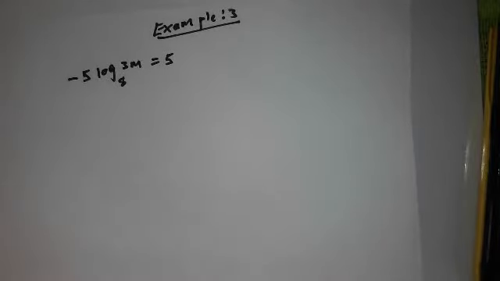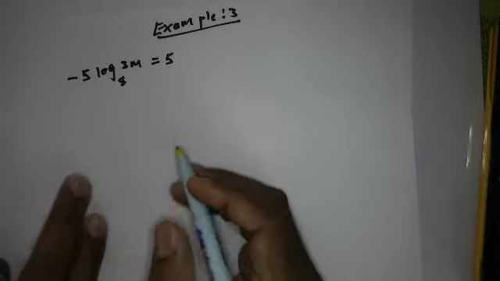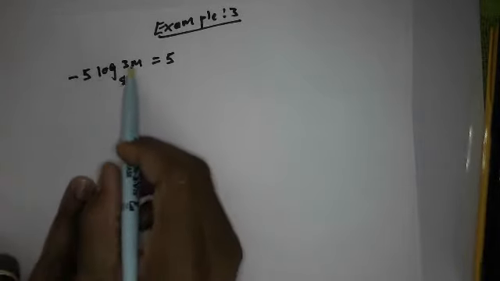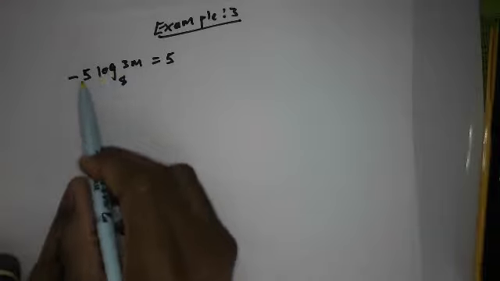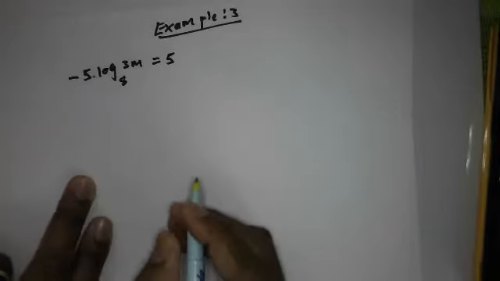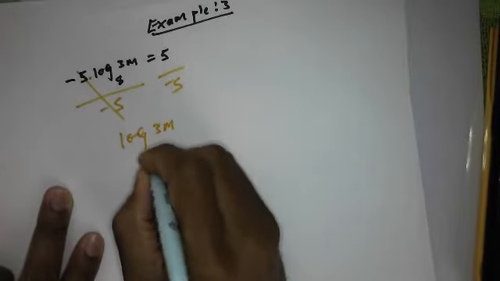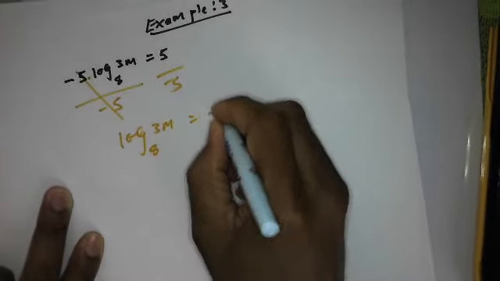So if something is added or subtracted, you deal with those first, and then whatever is multiplied or divided, you deal with next. So in this case, we see that our log 3m base 8 has been multiplied by negative 5. So to get rid of that, we divide both sides by negative 5. And this would be log 3m base 8 equals negative 1.